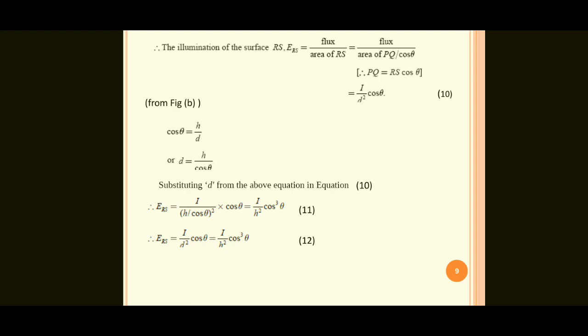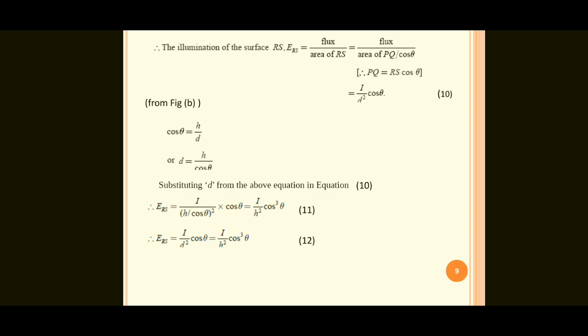So for the first area A1, the illumination is I by d square. For the second one, the illumination E2 equals I by 2d whole square. Similarly, for the third one, the illumination E3 equals I by 3d whole square.